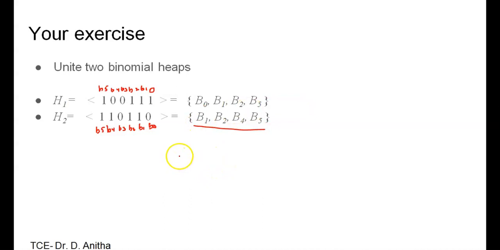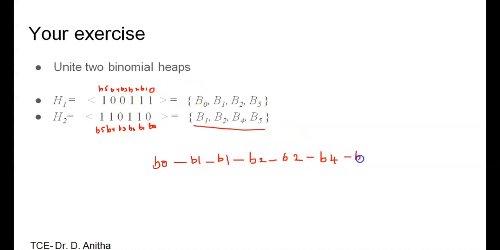So merging it will give, see, I have one B0, right? Because here I don't have a B0. Then I have two B1, one in the first heap and the second one in the second heap. Then I have two B2. Then I don't have B3 in both, and I have only one B4.